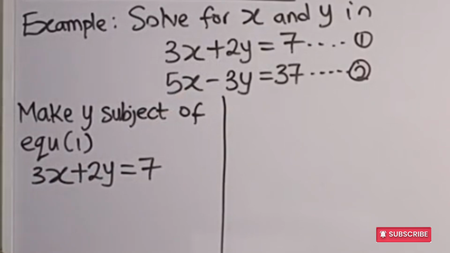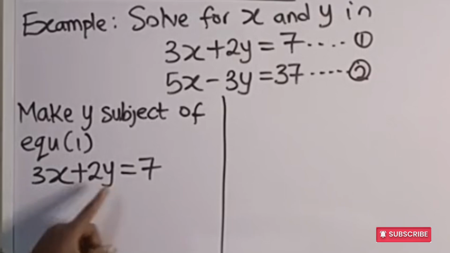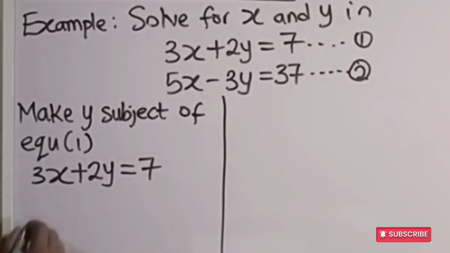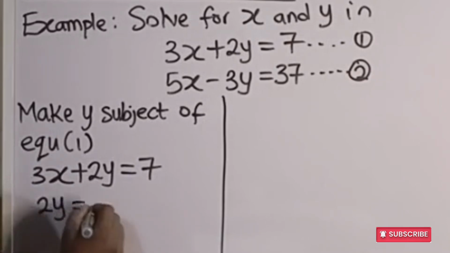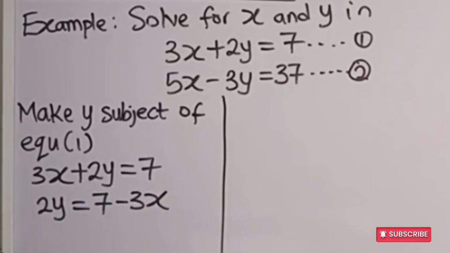Making y the subject of equation 1 means y is going to be found alone on the left. This means 3x has to be moved to the right, and 2 also has to move to the right. So we start by moving 3x to the right. When 3x moves to the right, it becomes minus 3x. So we're going to have 2y is equal to 7 minus 3x.